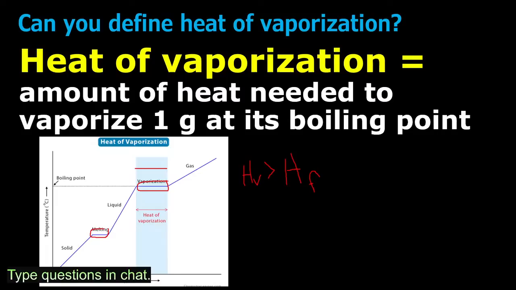Okay, so heat of vaporization and heat of fusion for water are listed in table B again. For any other substance, you are not expected to memorize it. It will either be given to you in the question or you could calculate it from other information. You should know how to use the heat formula.